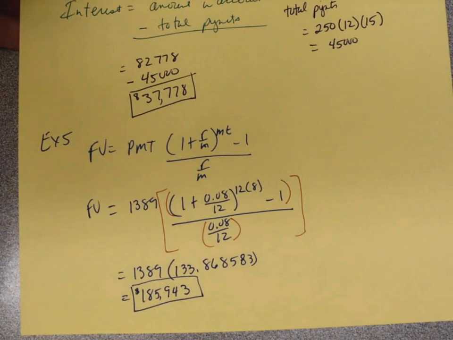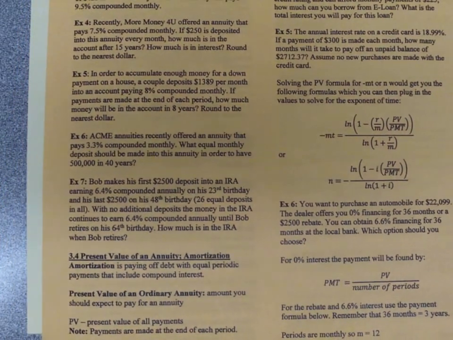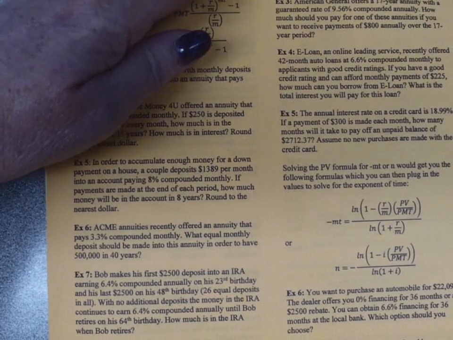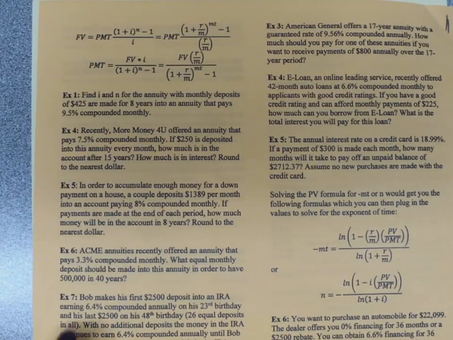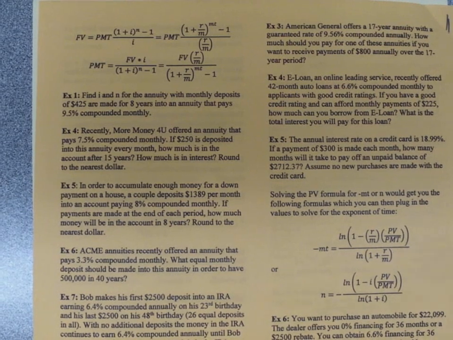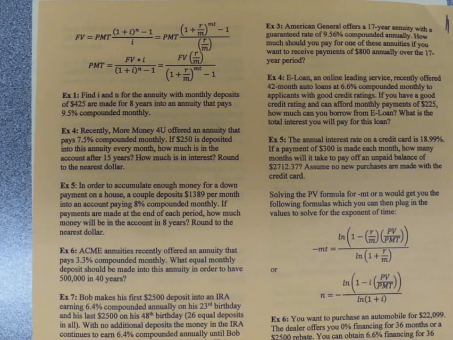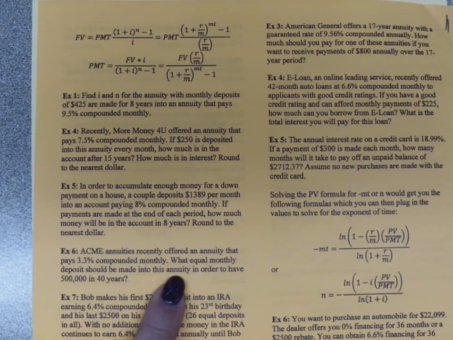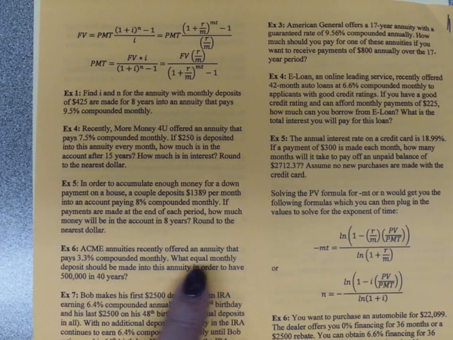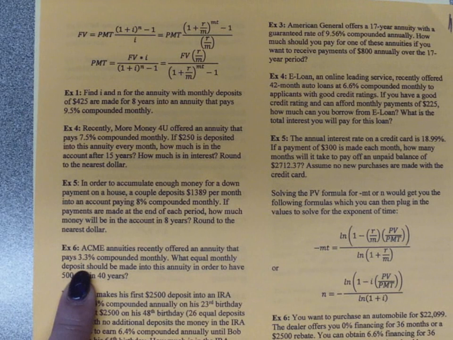All right, our next problem is again on our handout. Number 6, Acme Annuities recently offered an annuity that pays 3.3% compounded monthly. What equal monthly deposit should be made into this annuity in order to have $500,000 in 40 years? Equal monthly deposit, that means the same thing as the payment.